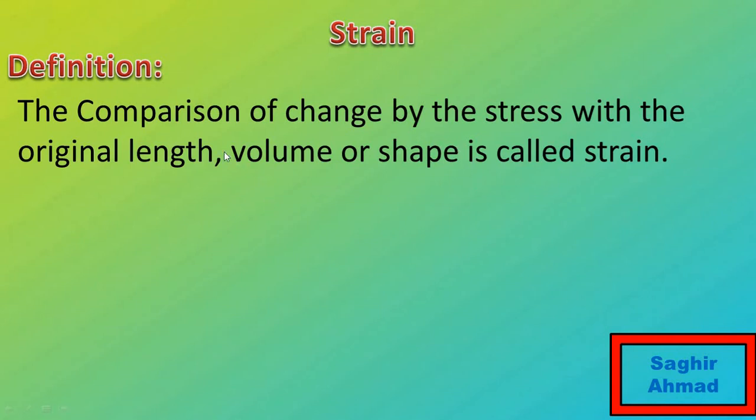If we take comparison of that change, when we apply a stress on a body, its shape and size will be changed, with the original length, volume or shape, it is called strain.